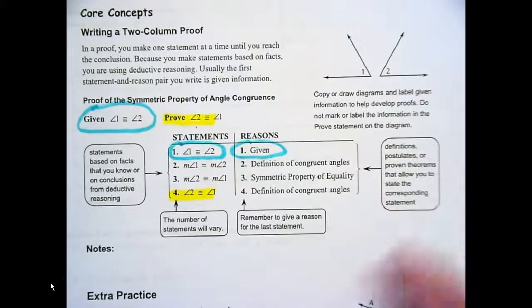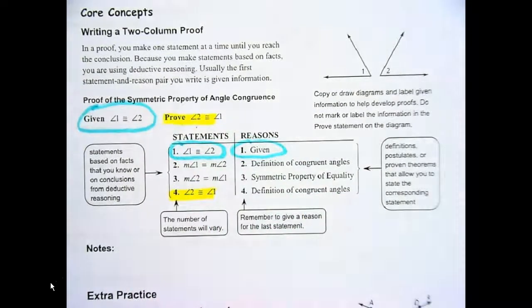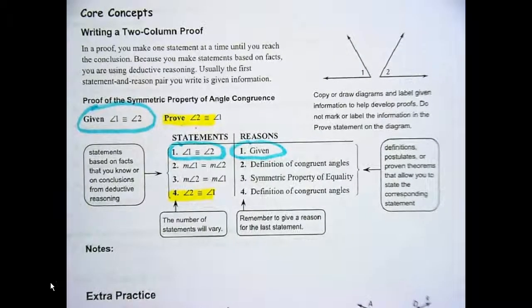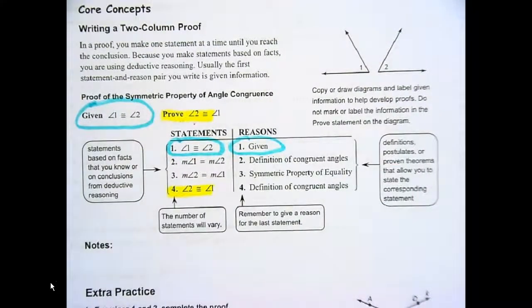Those are definitions, postulates, theorems that we've had, or statements that we're able to deduce based upon previous proven things. Please number them. 1 goes with 1, 2 goes with 2. Number them. If you don't, then I don't know what's going with what. There are multiple ways to prove things. There's flow proofs, paragraph proofs. We're going to use 2 columns primarily in here.